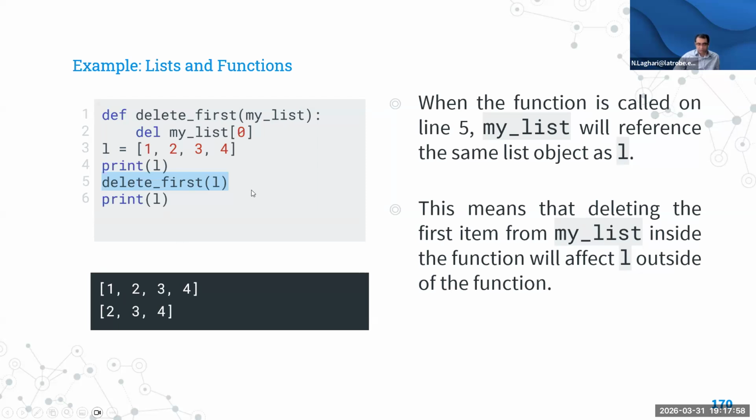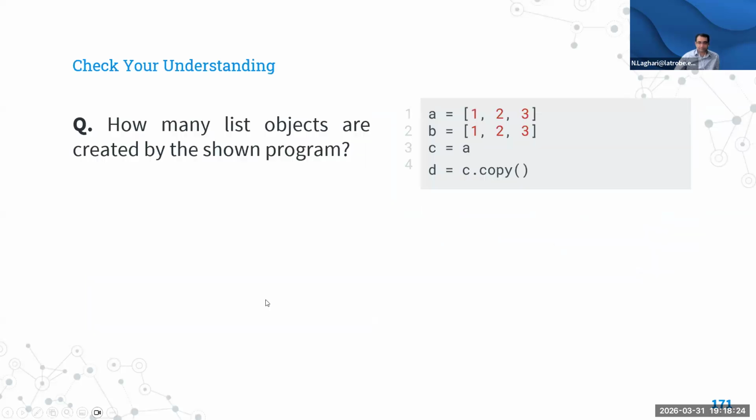So we haven't sent the value or a copy to the function; we have sent a reference. In fact, this function has access to this list. So when it deleted the first item and after that we printed the list, the actual list had one item deleted from it, right?